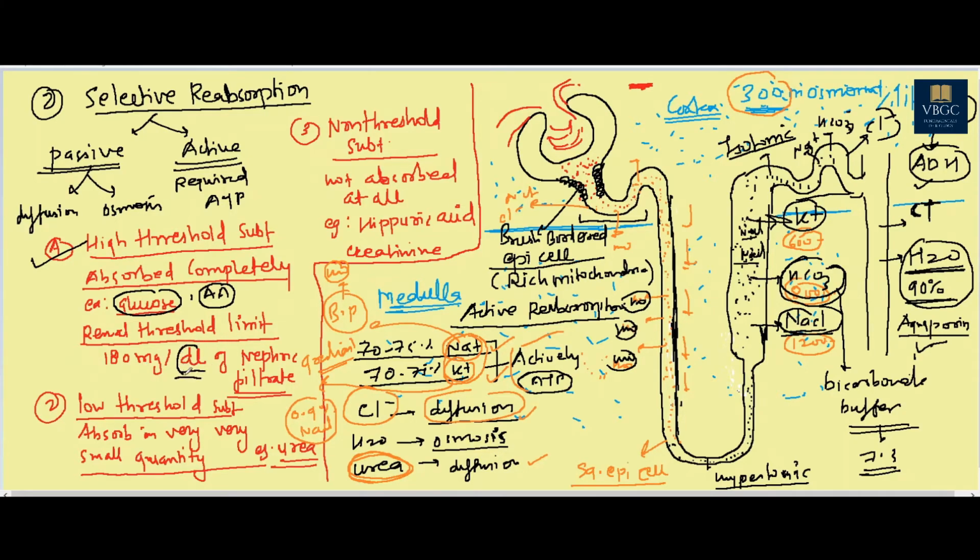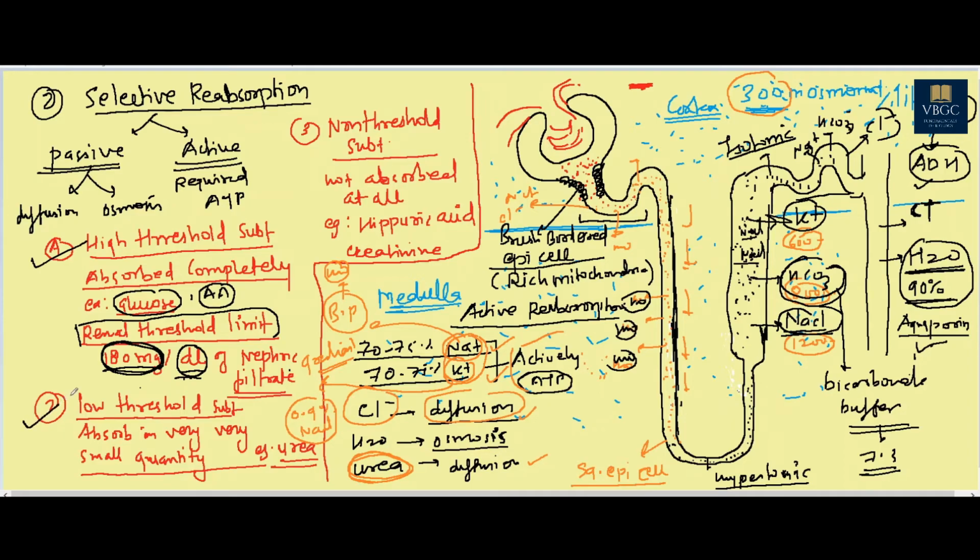If we have 100 ml of nephric filtrate and in that 100 ml of fluid we have 180 milligram of glucose, then all the glucose present in the nephric filtrate is absorbed, and that renal threshold limit is given here: 180 milligram per dl of nephric filtrate. So these substances, glucose and amino acids, are completely absorbed from the nephric filtrate.